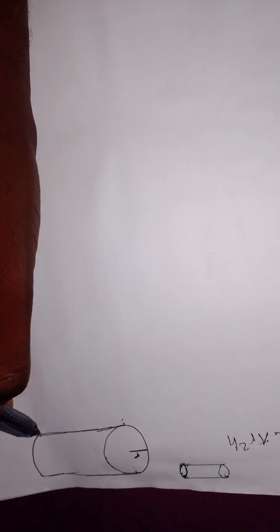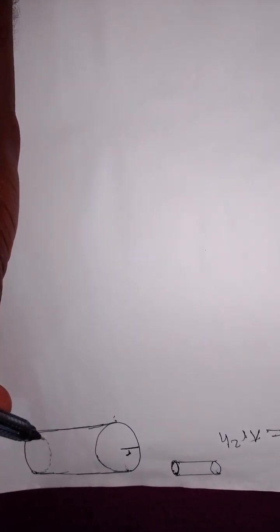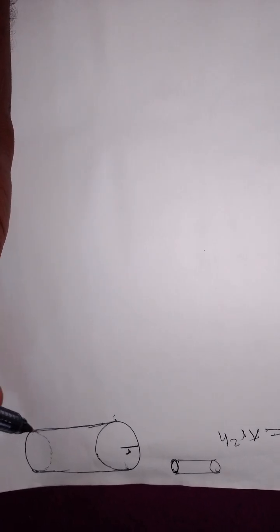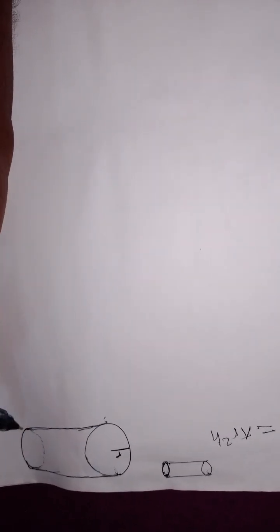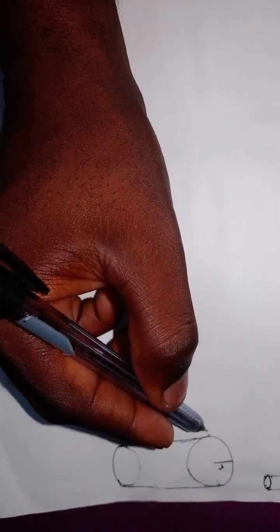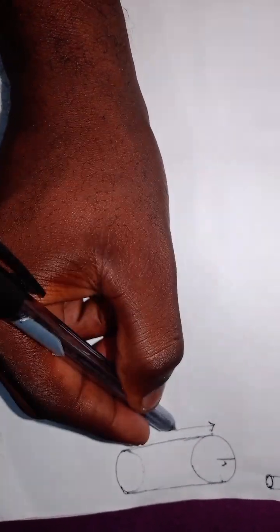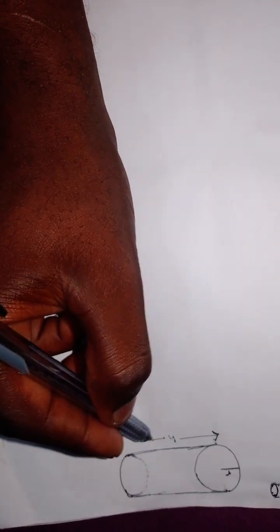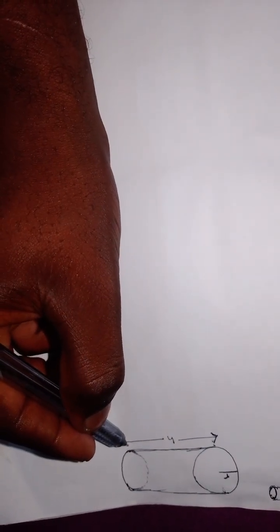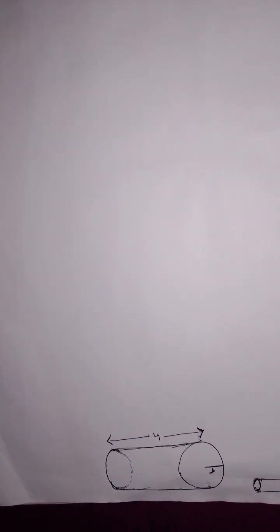This is a tin, it is going to look like this. So this is the radius, and from there we have the height.